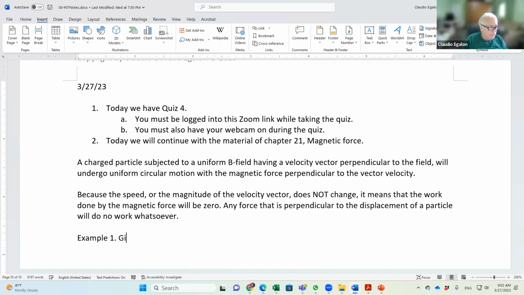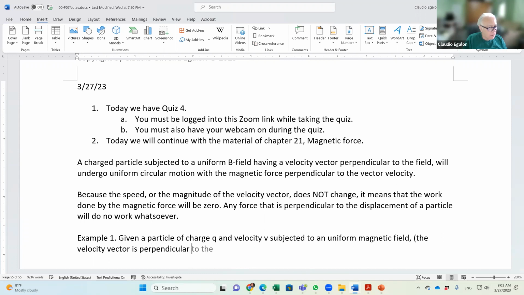Example 1. Given a particle of charge Q and velocity V, subjected to a uniform magnetic field, the velocity vector is perpendicular to B. Find the radius of curvature of the trajectory of this particle.